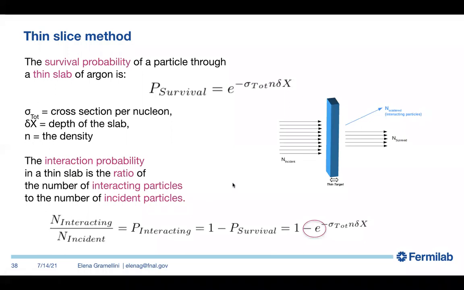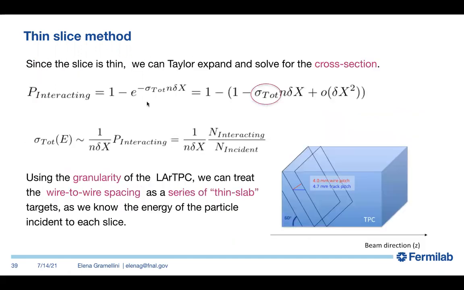Now, in thin targets, this slab of material is thin, and it's thin compared to the probability of interaction, compared to the interaction length. Usually, that's the proper way of calling this variable. So if this is small, you can do a Taylor expansion.